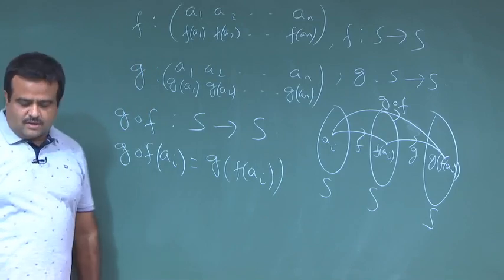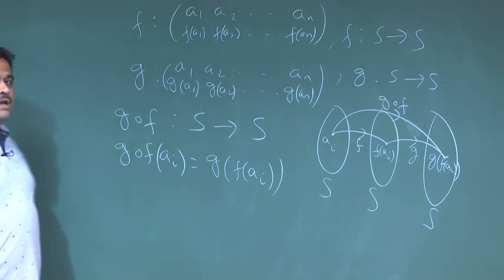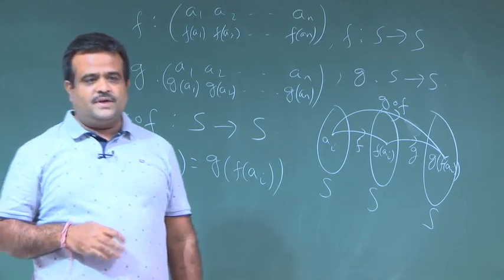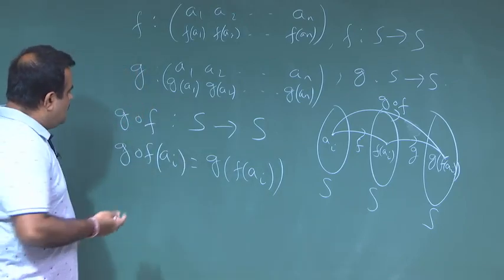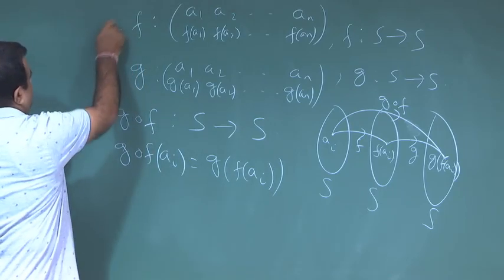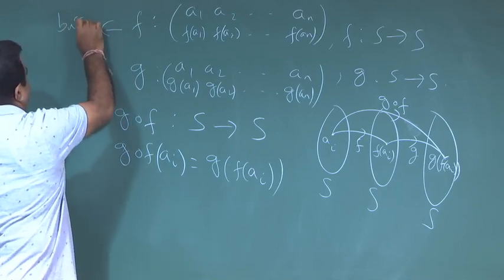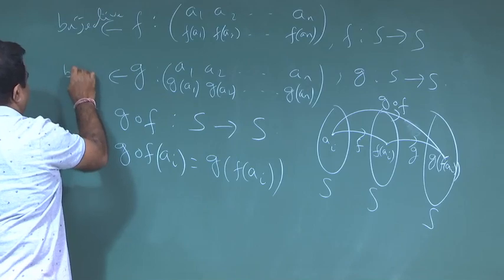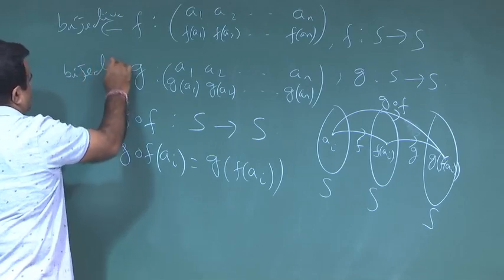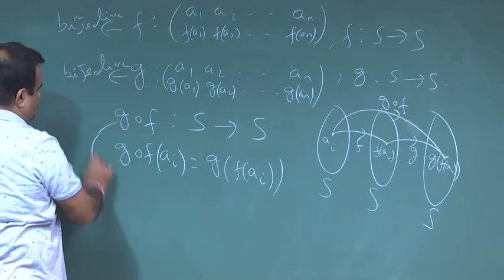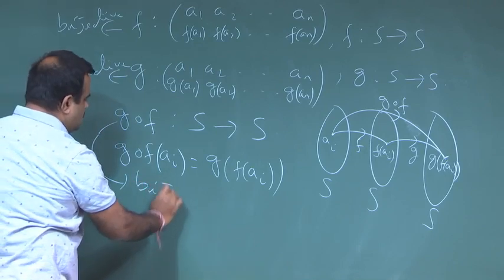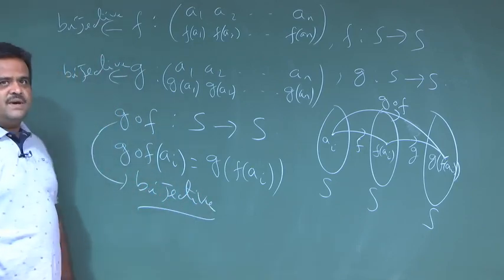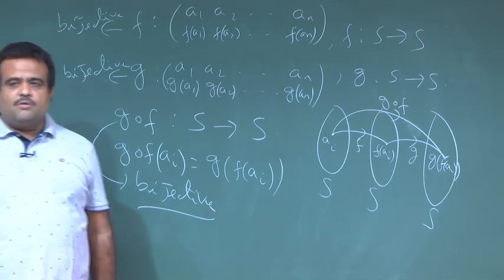This is how we define the composition. We know that if f and g are both bijective, then the composition is also bijective. Once it is bijective, it is called a permutation.